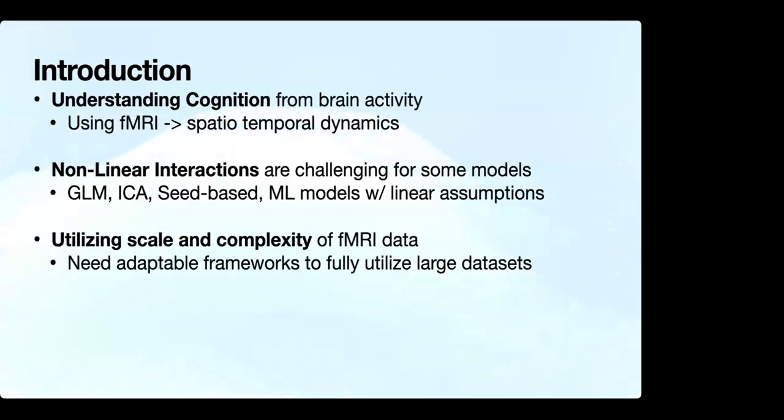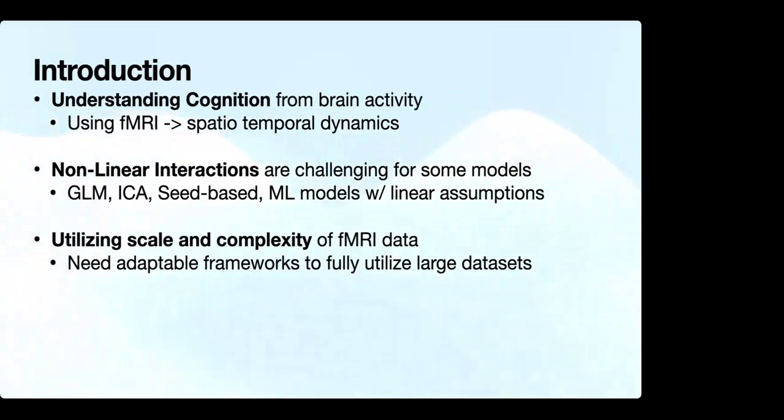So a little bit of the motivation for this paper is that in neuroscience and computational neuroscience, we have a goal of understanding cognition from brain activity. So we would like to estimate brain activity, but obviously we have to understand what's happening in a person's brain. So we can take a measurement of what's happening in someone's brain using fMRI or other non-invasive techniques.